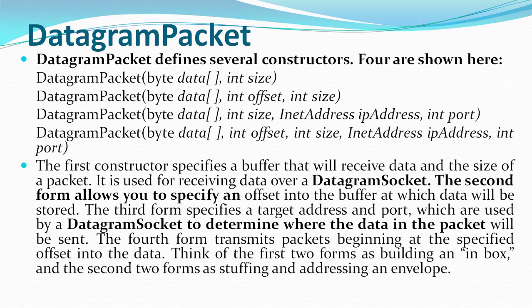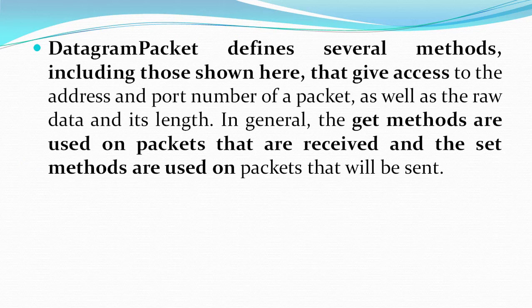Think of the first two forms as building an inbox, and the second two forms as stuffing and addressing an envelope. DatagramPacket defines several methods, including those shown here, that give access to the address and port number of a packet, as well as the raw data and its length.